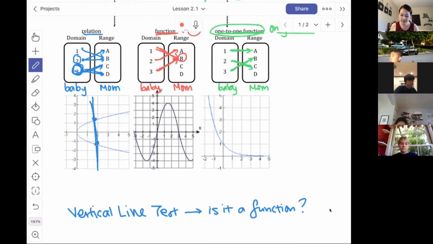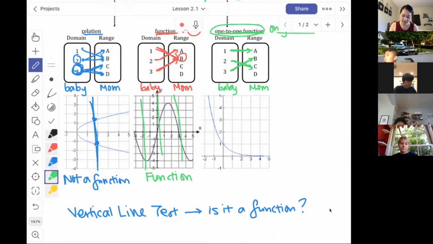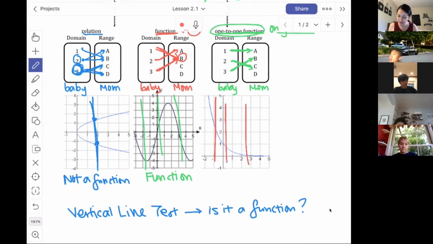It hits it twice, so this is not a function. This one does pass the vertical line test, so this is a function. And this one passes the vertical line test, only hits the graph once, every vertical line, so this is a function.